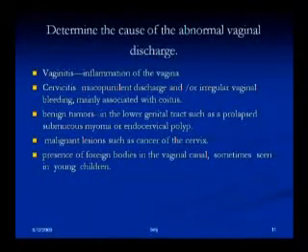And determine the cause of the abnormal vaginal discharge. How do you determine the cause? You want to tell whether it's vaginitis only, or cervicitis. Why? Because if it's cervicitis, if the cervix is involved, that's gonorrhea and chlamydia. If it's vaginitis only, those are other organisms, and mild. Or you want to check if it's from a benign tumor or malignant tumor, cancer of the cervix, or a foreign body.